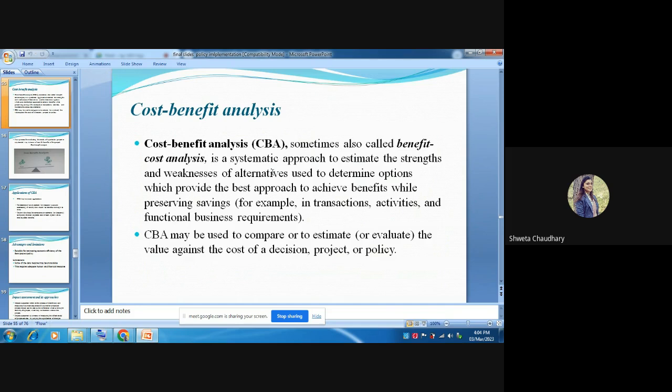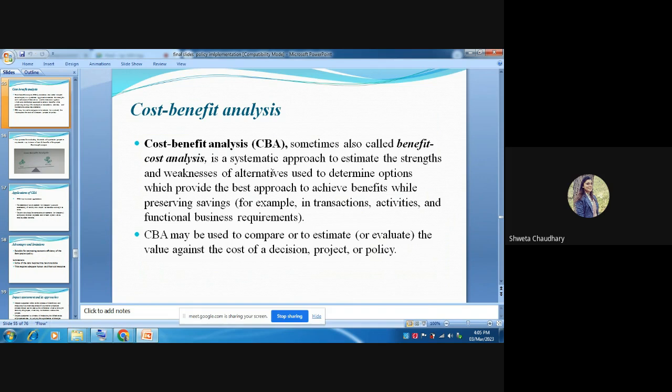The most important is cost benefit analysis, because whenever we do investment, see in our personal life also, we see what cost we incur in doing that thing and what profit we are getting out of it. So this is a very important measure of policy implementation or assessment: cost benefit analysis.